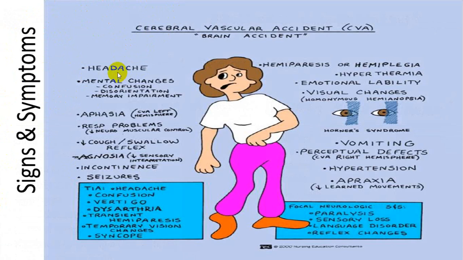The common presentation will be headache, mental changes, meaning altered mental status in the form of confusion, disorientation, memory impairment, may be associated with aphasia if it is the dominant hemisphere, may have a respiratory problem, cough, decreased swallowing reflex, may have cortical damage, then agnosia, incontinence, may even develop seizures.